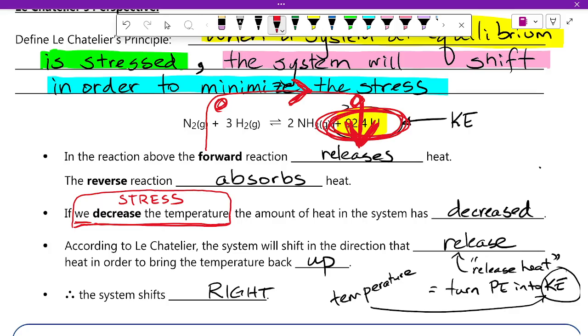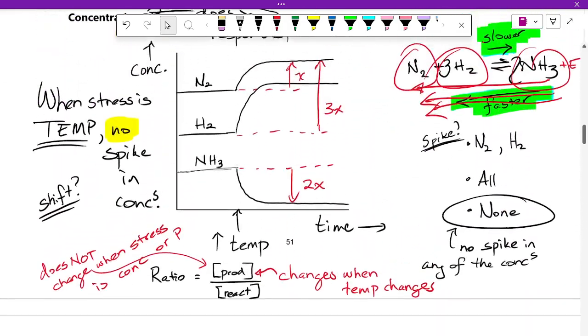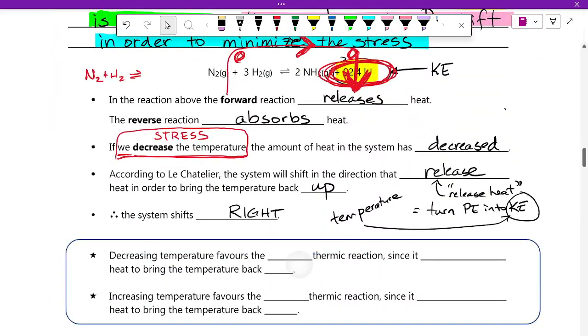If you like the arrow method, head to tail arrows. Didn't we just say on the other page it's shifting back though? Hold on. On the other page, we increased the temperature. Oh. Now we are decreasing the temperature.